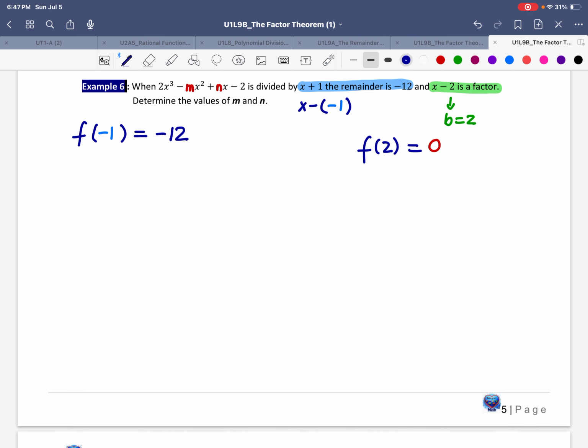So we have 2 times negative 1 to the power of 3 minus m times negative 1 to the power of 2, and then plus n times negative 1, and then minus 2 equals negative 12.